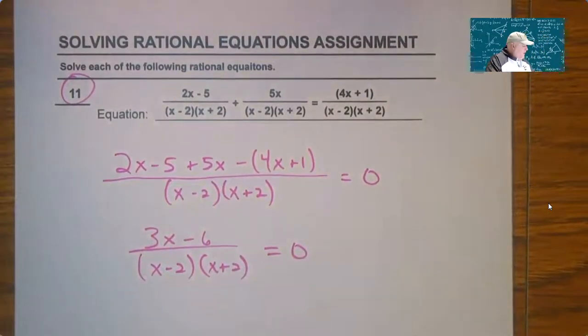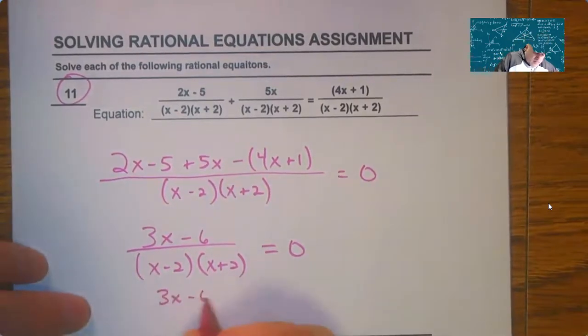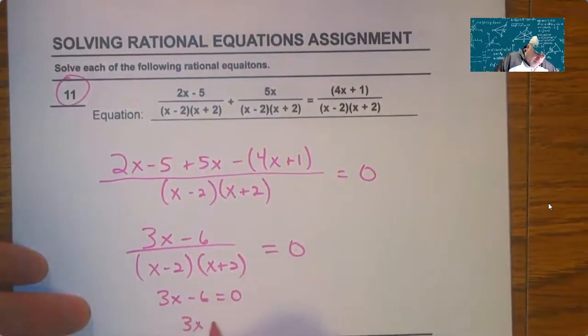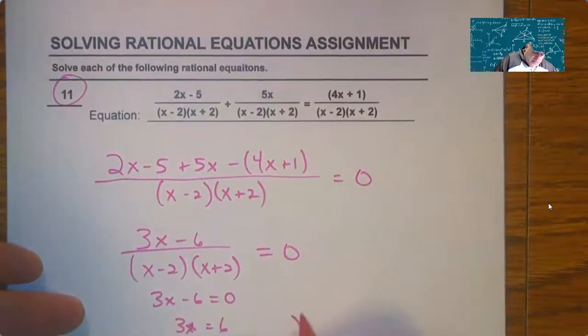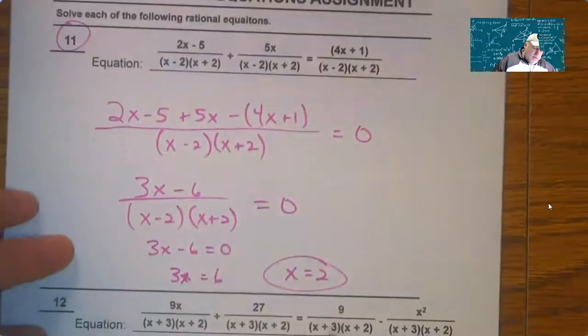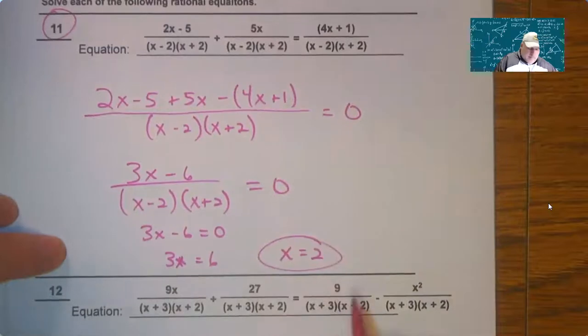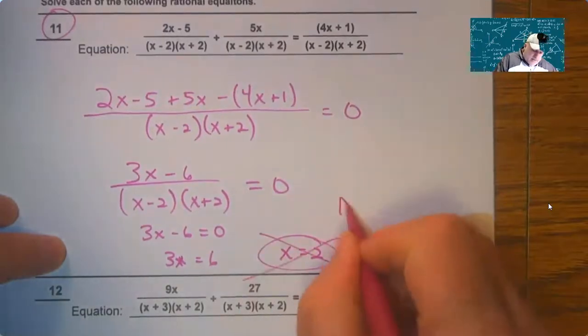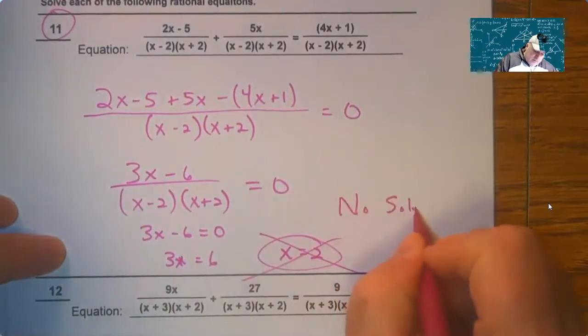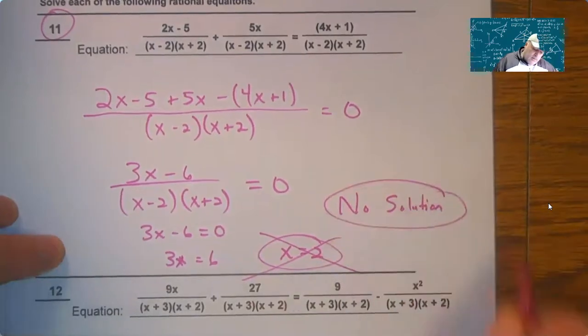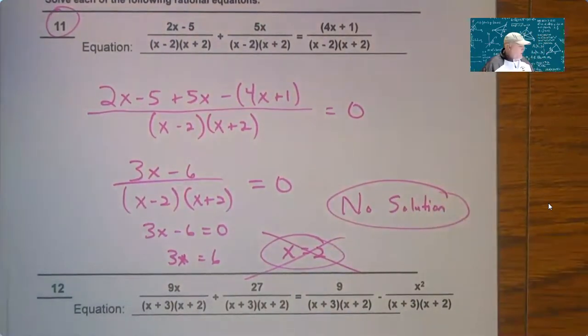These really become very simple once you start following the whole procedure. So numerator equal to 0, x equals 2. However, 2 puts a 0 in the bottom. So this is extraneous, and our answer is no solution. Okay, so make sure you're constantly checking that out.